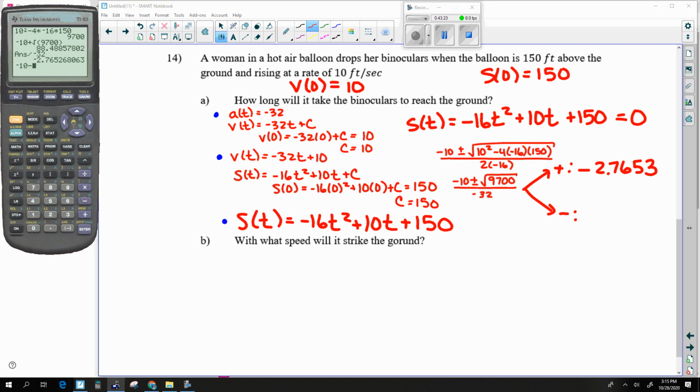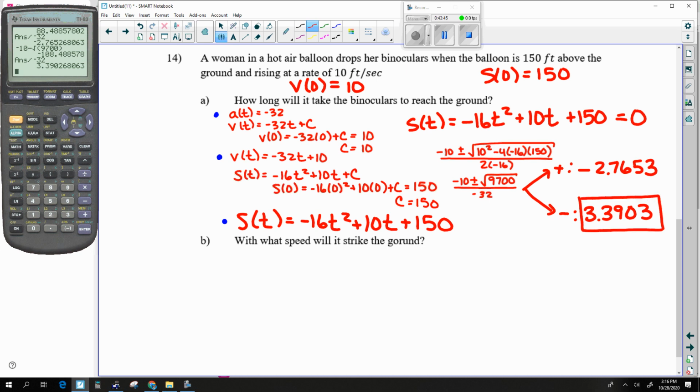Negative 10 minus the square root of 9700 divided by negative 32. That's what you're looking for, because it doesn't make sense to have the binoculars hit the ground before you drop them. Okay, so it takes this much time for the binoculars to reach the ground. Seconds.